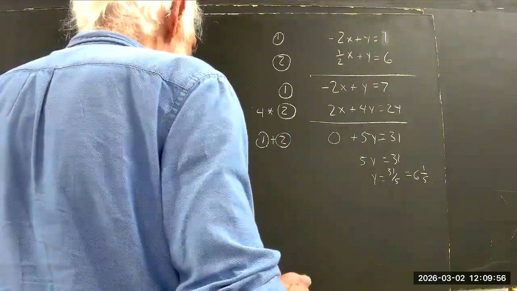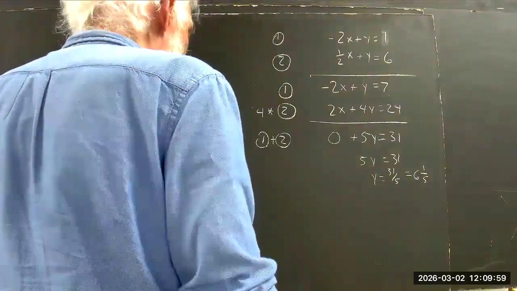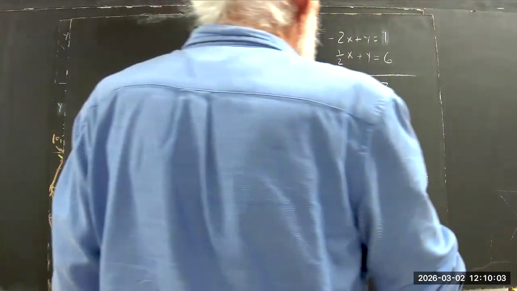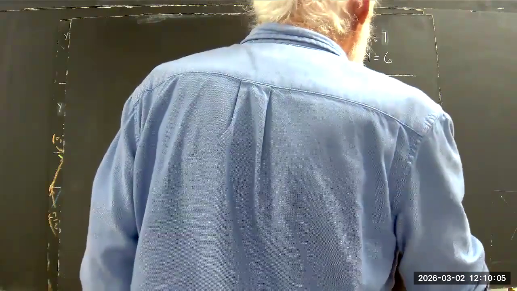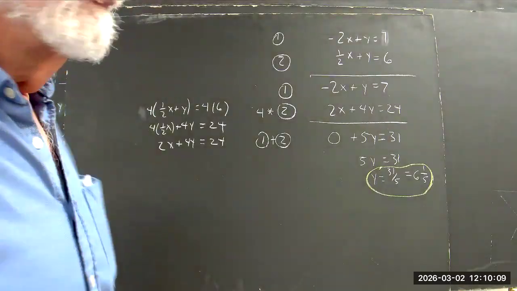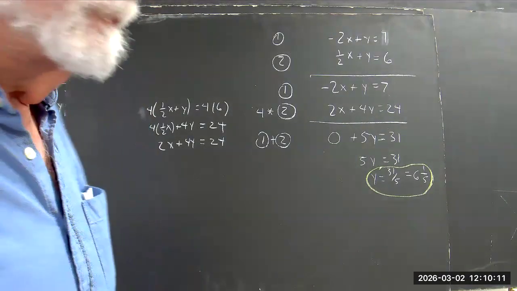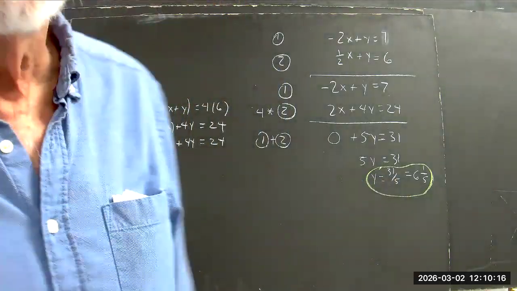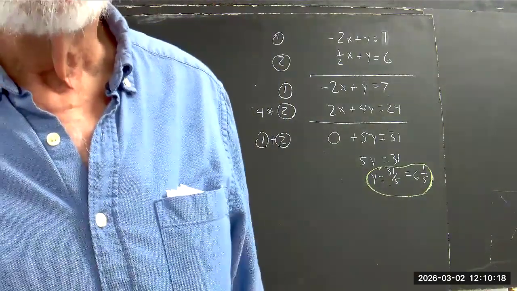Now, we can take our solution, y equals 6 1/5, or 31/5, and I'm going to prefer the 31/5 because I'm going to put it into the equation.